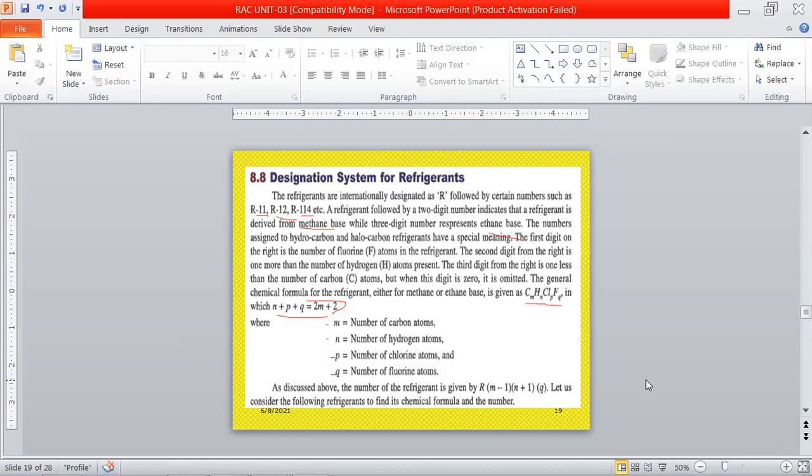Two numbers means methane, and when there are three numbers it is ethane. And how do you get the designation? Take the general chemical formula where n plus p plus q equals 2m plus 2. So we have to find the values of m, n, p, q.